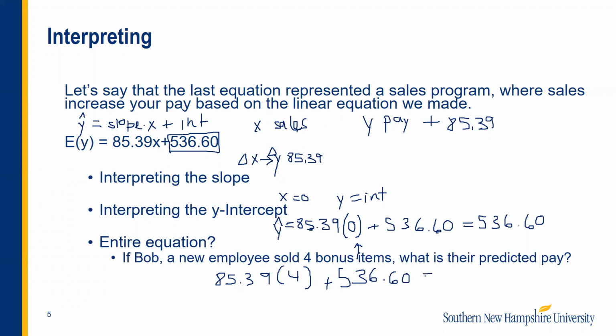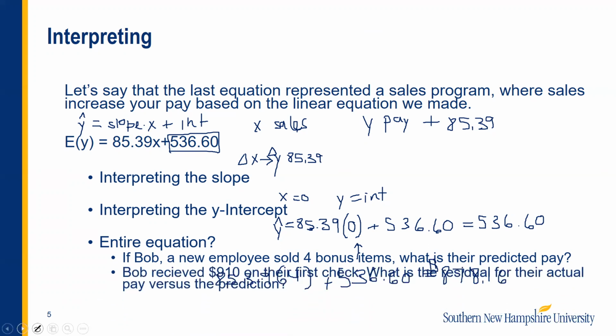All right, hopefully you paused and got $878.16. That is what we predict that Bob's pay will be based on the sales program. Okay, so we predicted $878.16. That's what we predicted to happen.